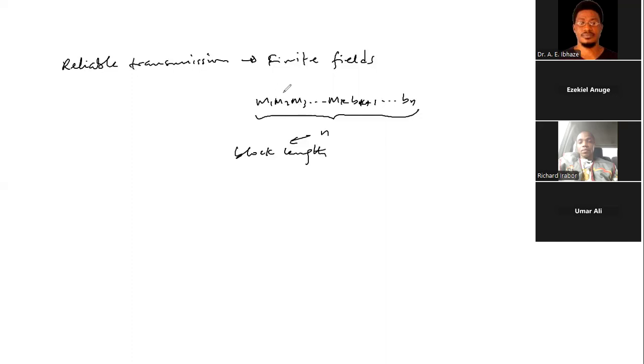Now here, we have been able to separate the message bits from the parity bit. We could call it redundant bit. It has quite a number of names, but they all mean the same thing, or we could call them control bits.